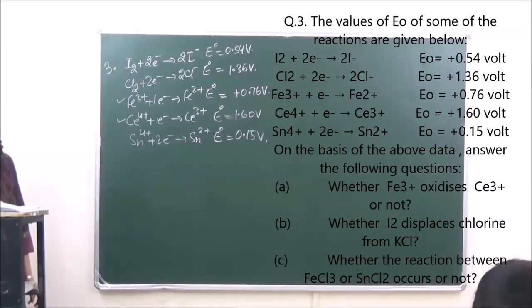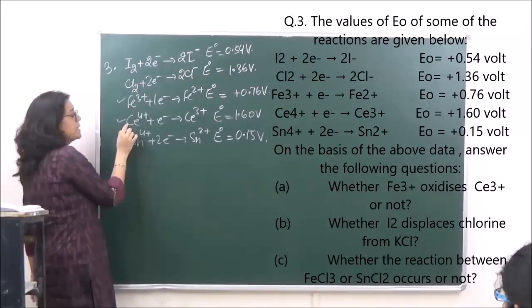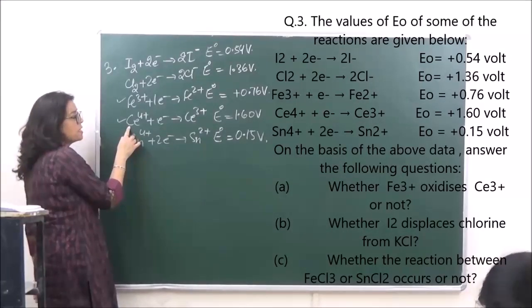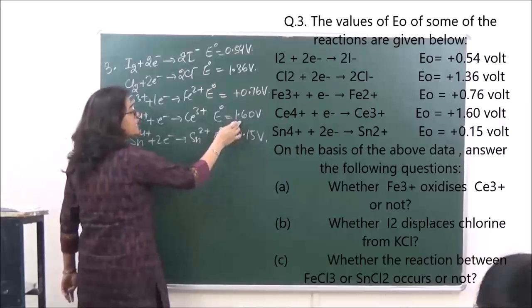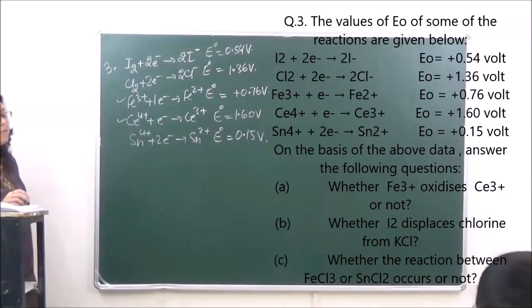Now they are asking whether Fe3+ oxidizes cerium or not. All oxidation potentials are only given. Now if oxidation of cerium has to take place, in that case the value of E0 for this should be minus 1.60, if we are taking in terms of reduction potentials, isn't it?